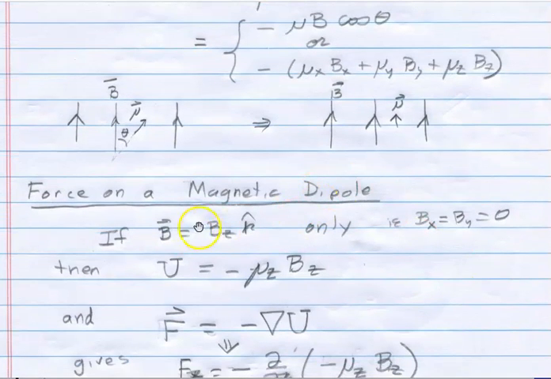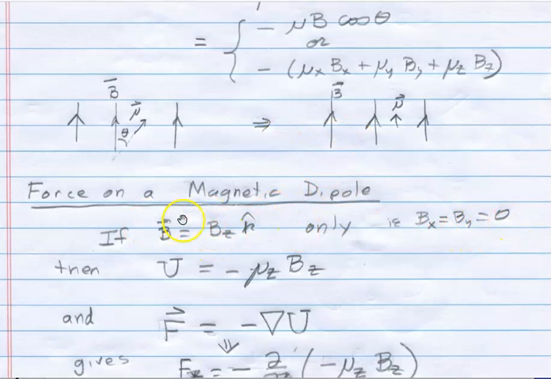Usually, one lets the magnetic field define the z direction, and if that's the case, then the magnetic field vector is just Bz in the z direction, and Bx and By are zero.